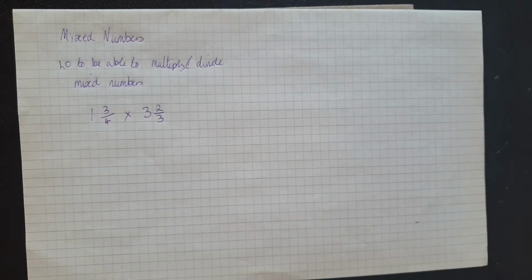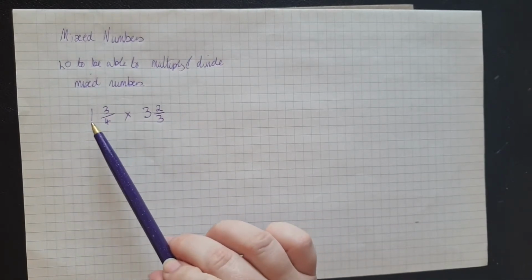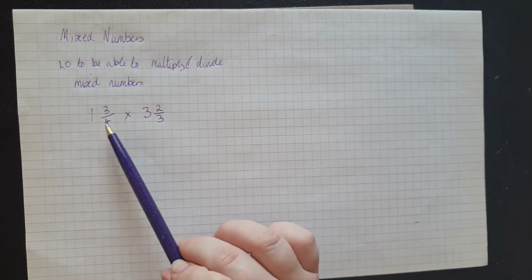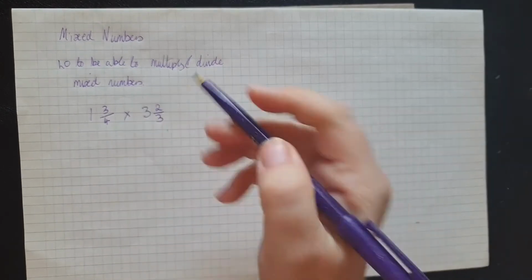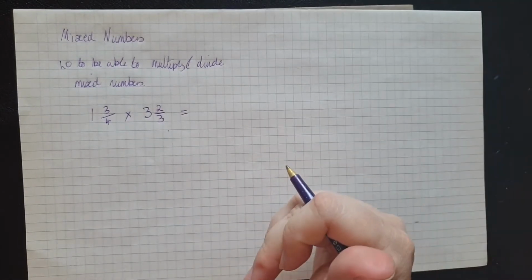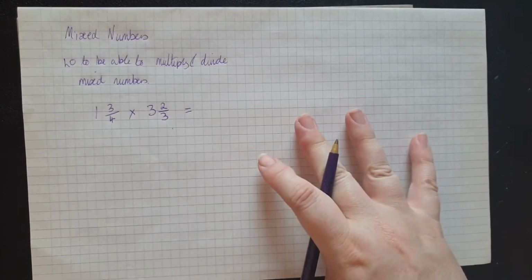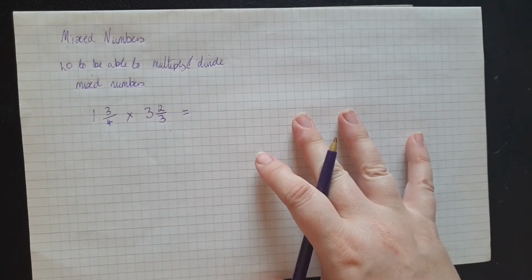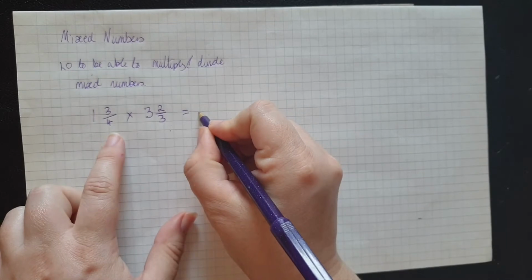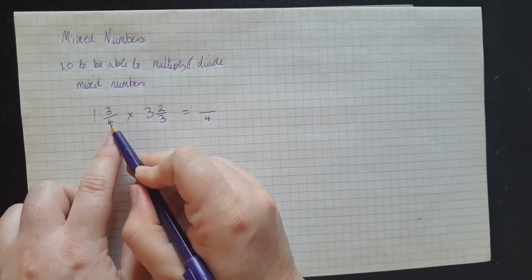Okay, so first of all, a reminder: mixed numbers are where you have a whole number and a fraction. With these, your first step is to convert them into vulgar fractions, then do the same multiplication as you've done before. So, quarters: 1 whole and 3/4.